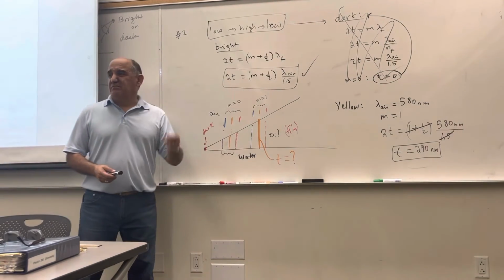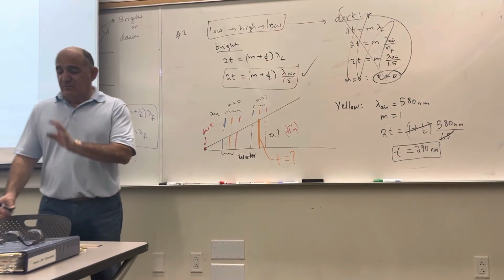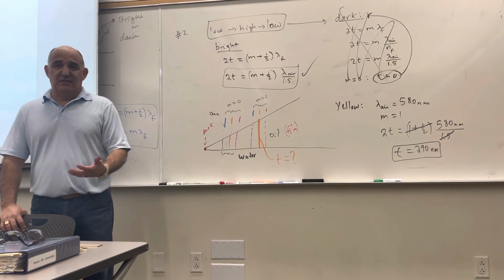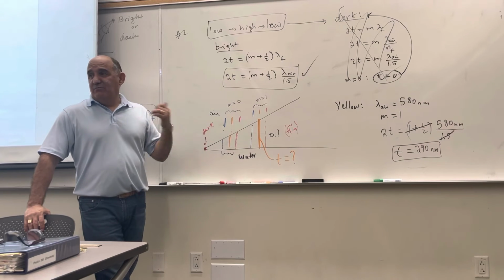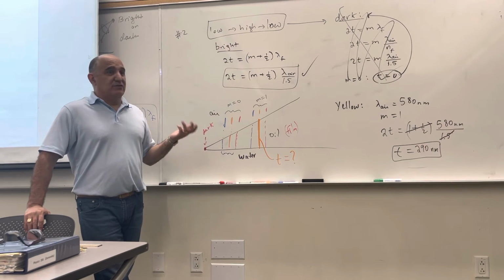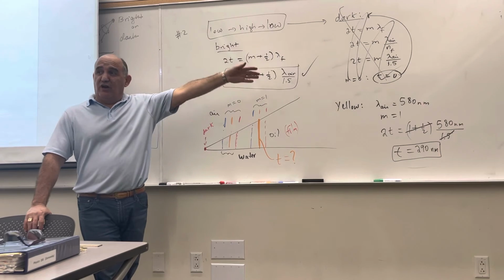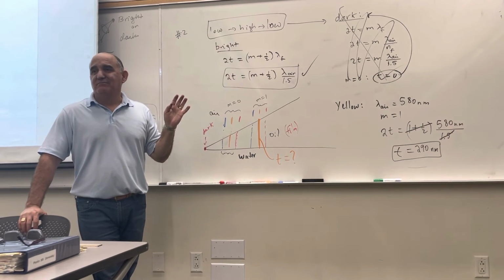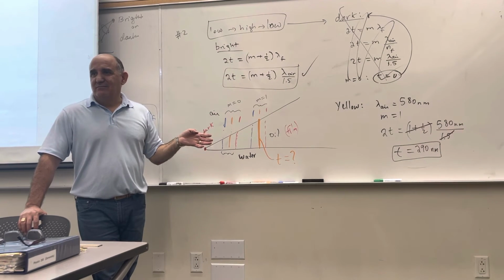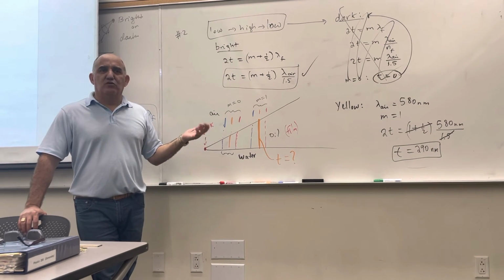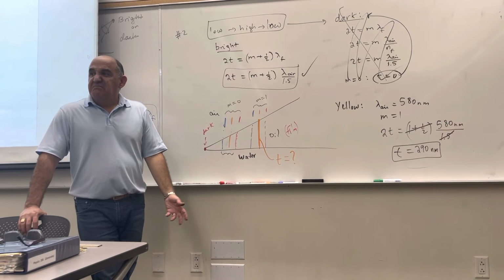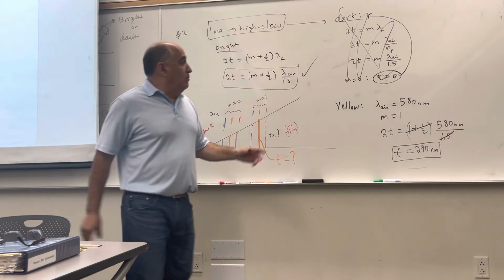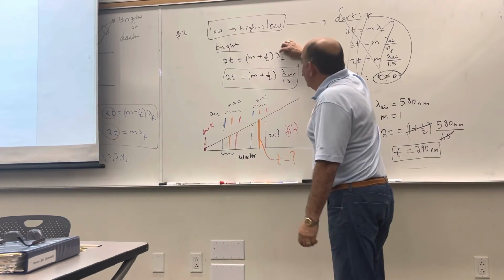Of course, the bad thing about these problems is that if in a test I give you a problem like this, and first of all, you use the formula for dark when you're supposed to use the formula for bright, that's very bad already. And then the other thing is, what value do you use for m? And the other thing is, in all of these formulas, you want the wavelength of the light in the film.